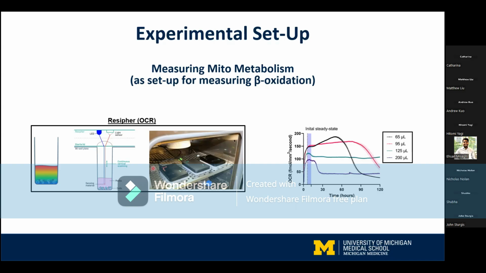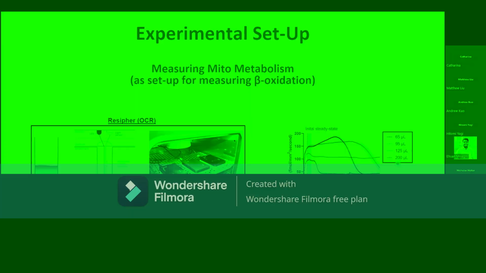And just as an example, and I presented this last year, so I'm not going to belabor the point, when you put different levels of media on the cells, these are the exact same cells, cultured exactly the same way, you can see that the oxygen consumption rates are much lower when there's 200 microliters of media than when there's 65 microliters of media on the cells.